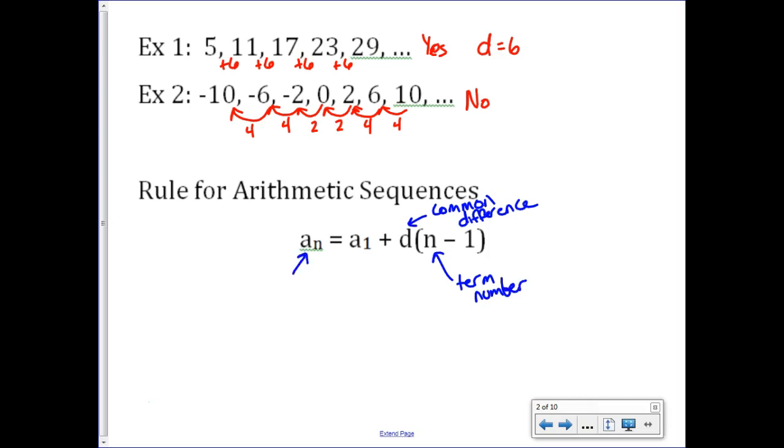A sub n is our nth term, which we called our term value last time. A sub 1 is our first term. So basically we take our first term plus the common difference times the term number minus 1.